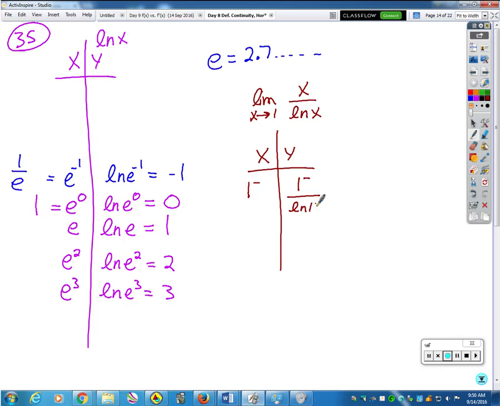Questions? Right, so you need to have memorized that the natural log of 1 exactly is 0, which means this will become, let's see, it'll be close to 1 on the top. So the natural log of 1 minus is going to be just a little bit less than 0, which means that's pretty much this kind of a number.